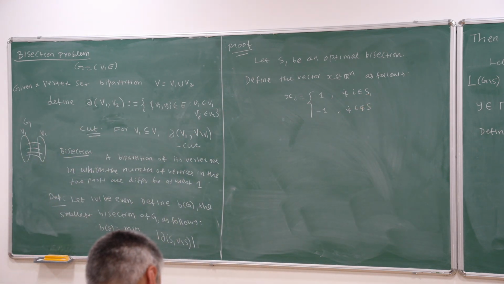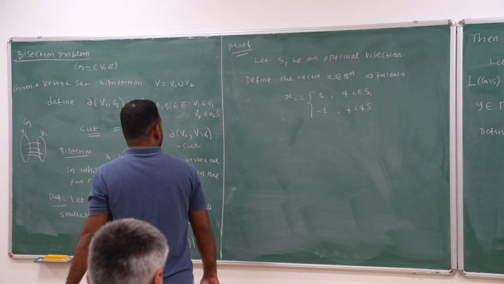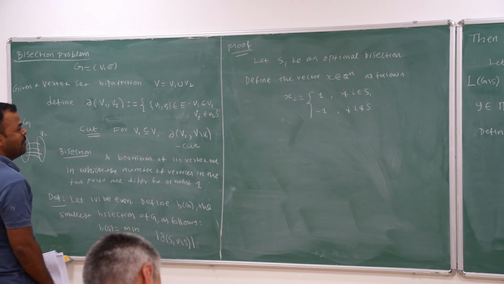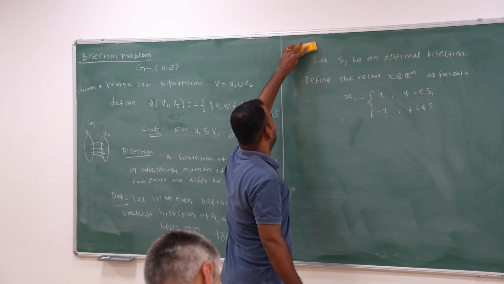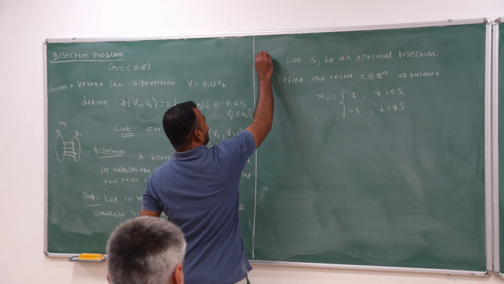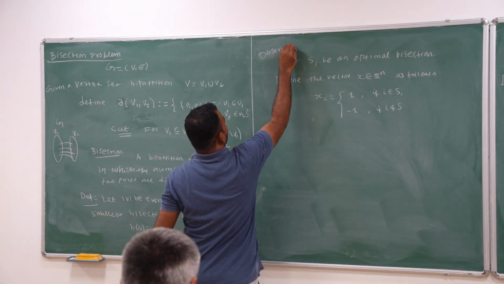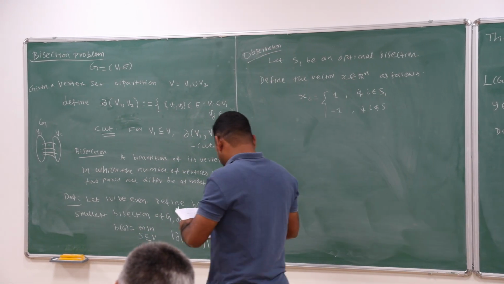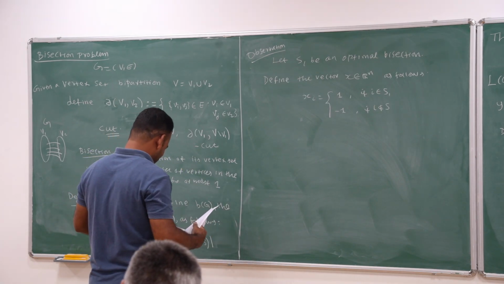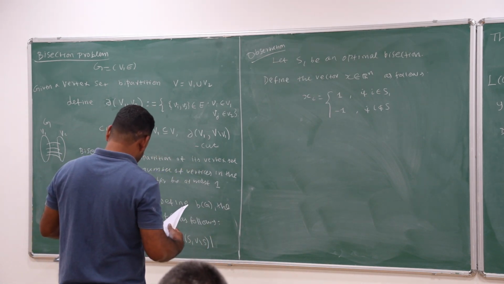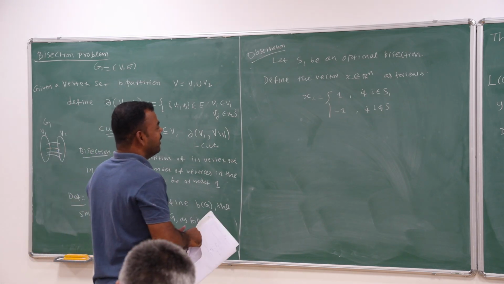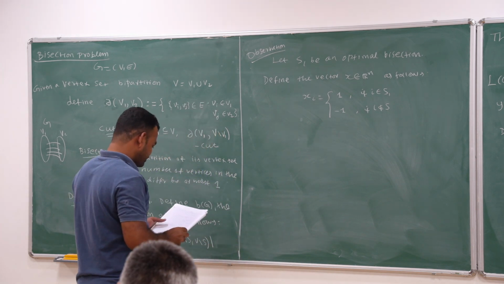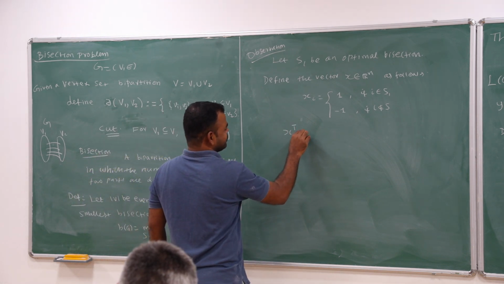Okay, I'm yet to state it. Then what is x transpose x for this vector?